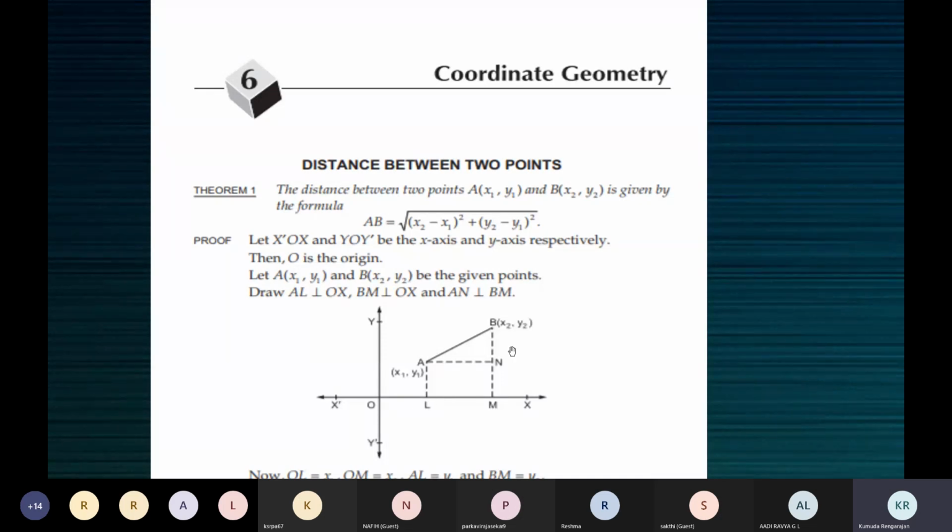LM will be X2 minus X1 units. 10 minus 3 means X2 minus X1. So if LM is X2 minus X1 units, then AN is also X2 minus X1 units.